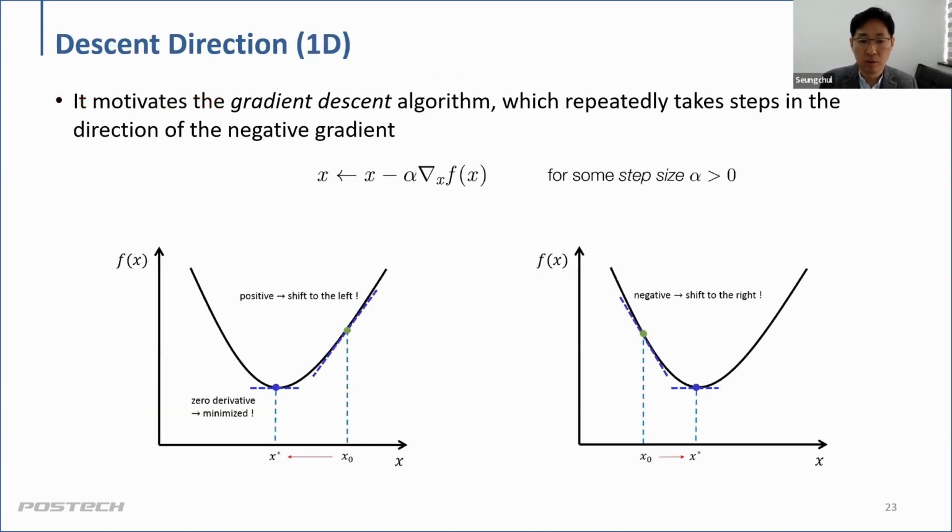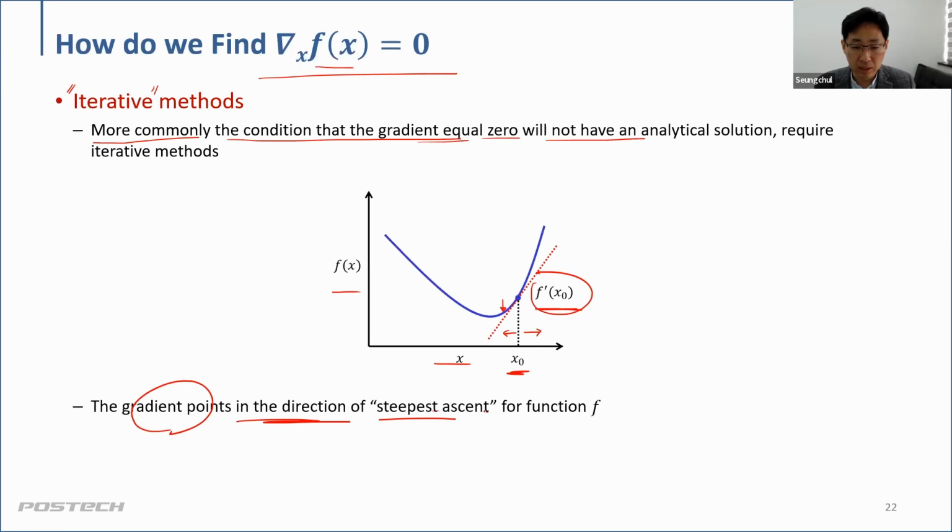Let me go back. It motivates the gradient descent. The descent means the opposite of ascent.